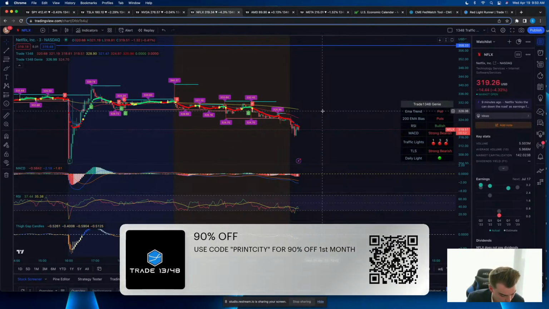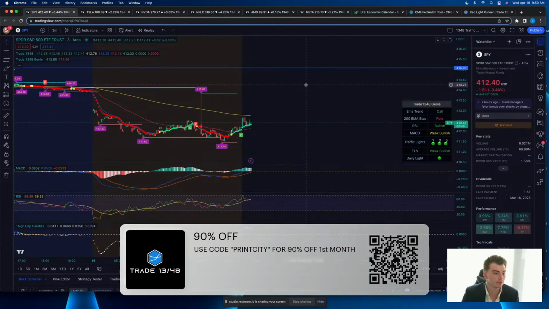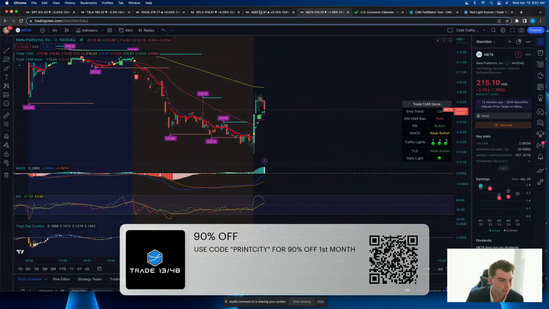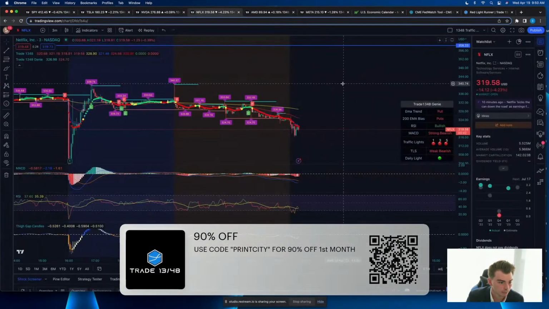Let's see what we're gonna get here. Spy trying to move a little. Let's see.